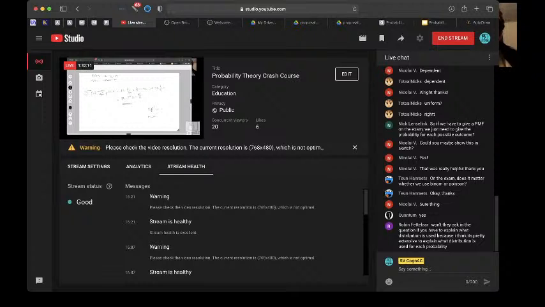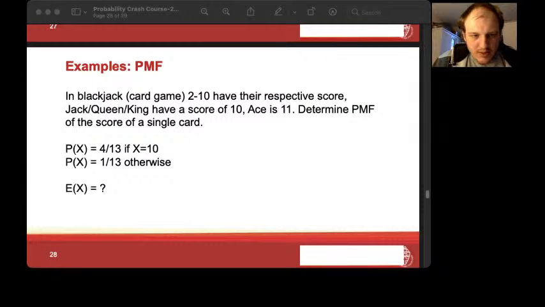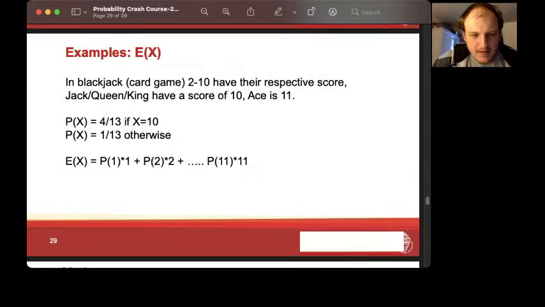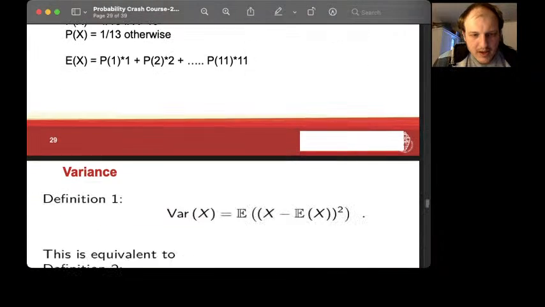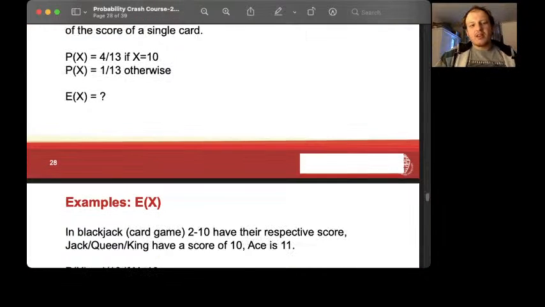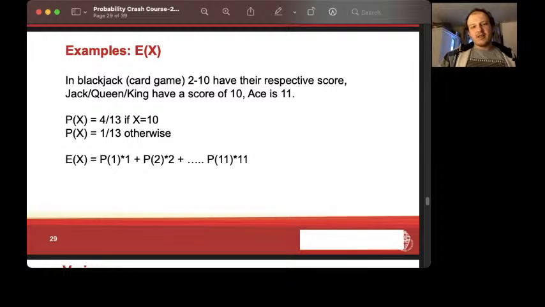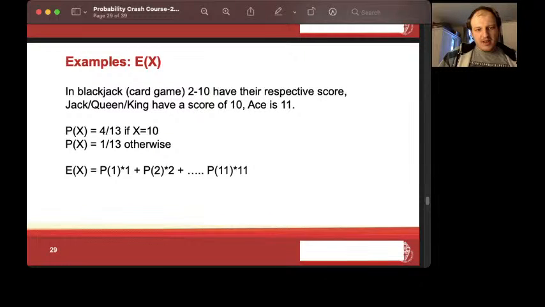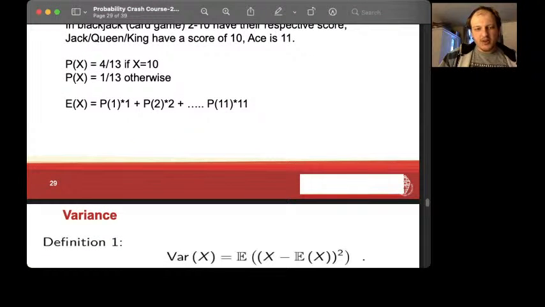Okay. Switch back to presentation. Yeah, so here we determine a value, and that's pretty much it about the expectation. So you can also expect something related to expectation and variance on the exam.